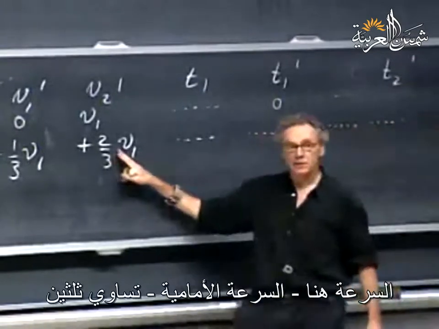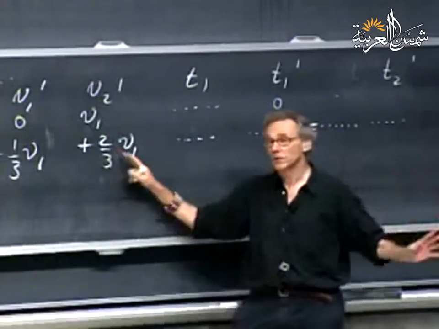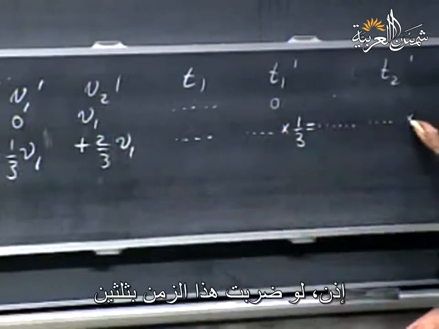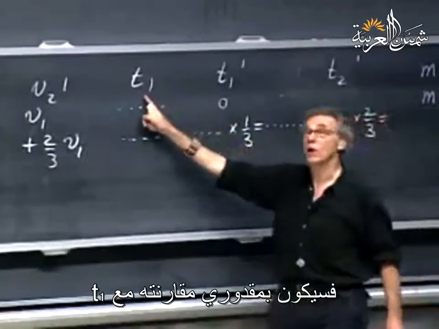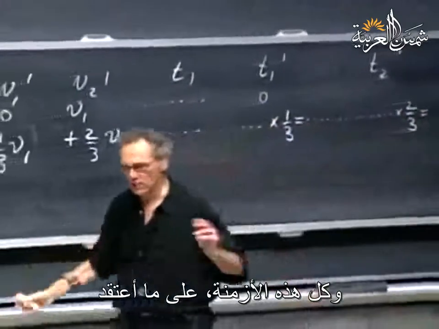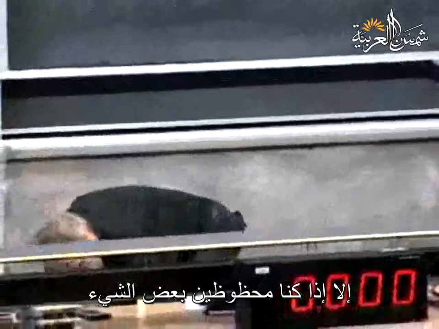The speed here, the forward speed, is 2/3, so it will go slower. So if I multiply this time by 2/3, then I should be able to compare it with T1. And all of these times, I think, will not be any better than roughly 2.5%, except if we are a little lucky.